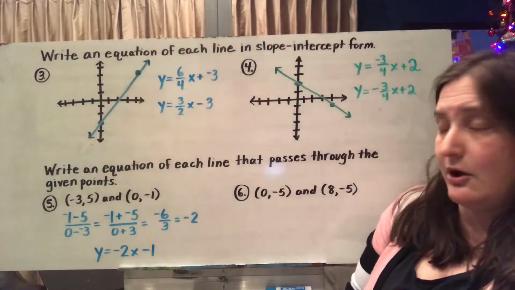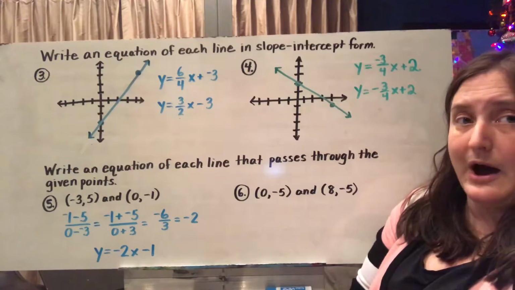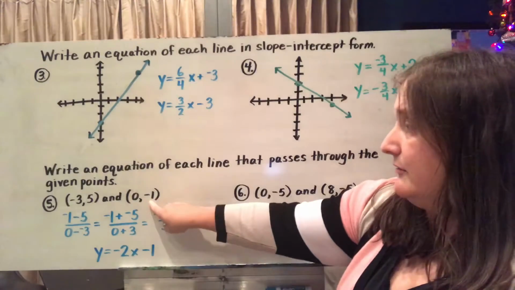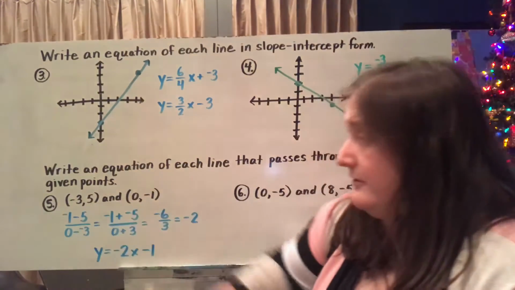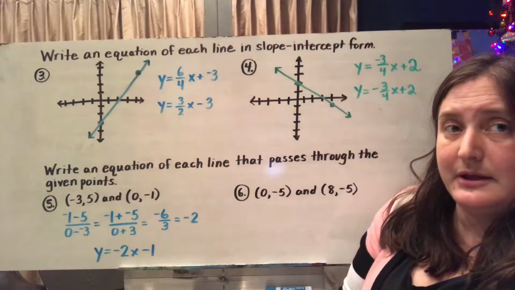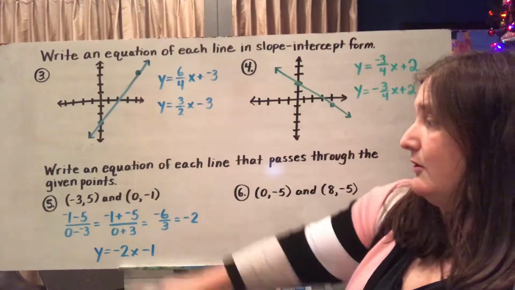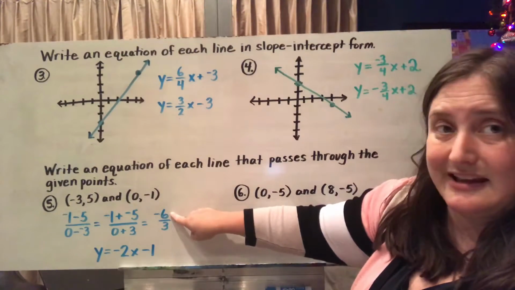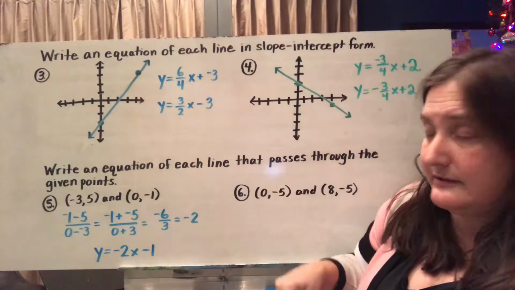So to find the slope, I'm taking my y values from my 2 points and subtracting them. So -1 minus 5. That's going to give me my rise. So I can change that to -1 plus -5. So my rise is -6. It's actually going down 6.